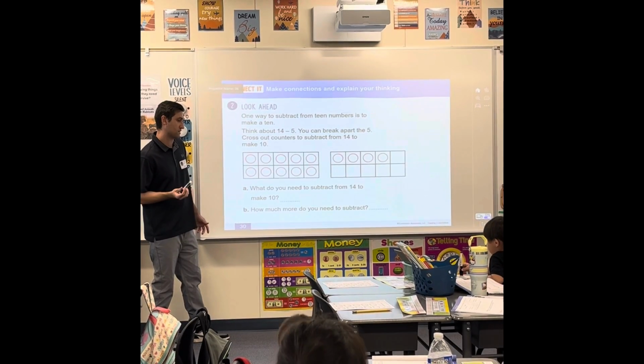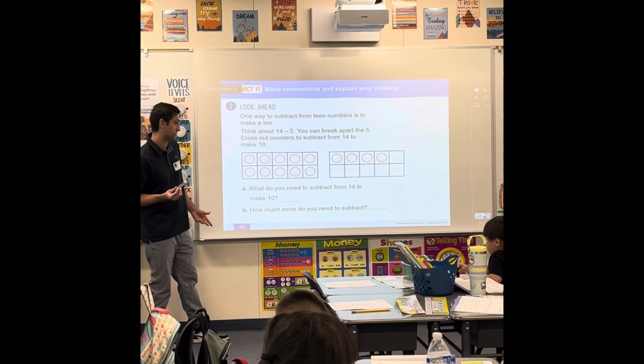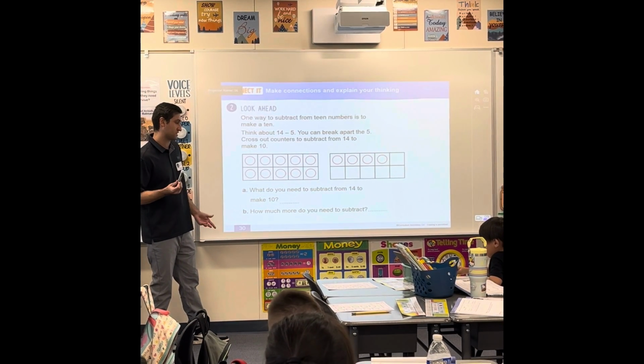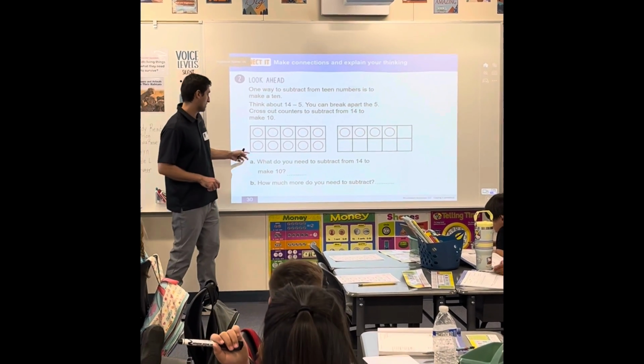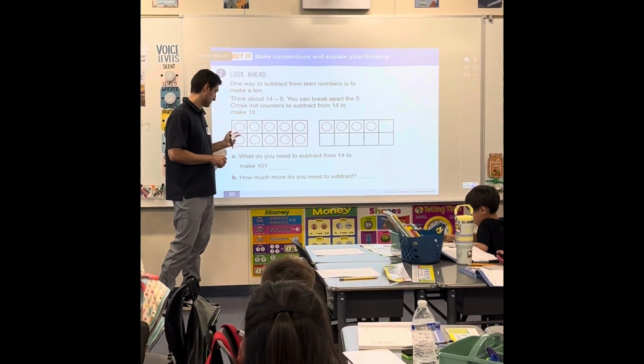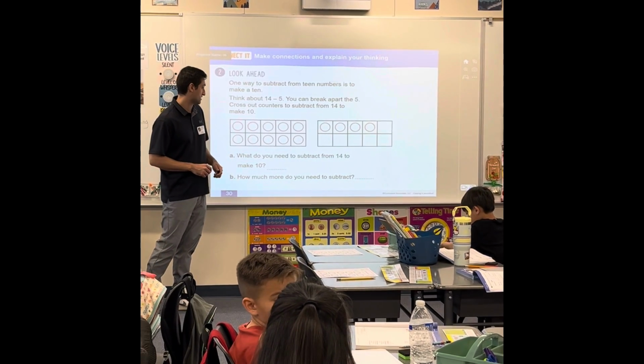This problem's going to be slightly different from the last one. Instead of 14 minus 6, we're doing 14 minus 5. But we're going to do a slightly different approach to do it. So we'll draw a rectangle with 10 boxes in it, and then another one with the same.